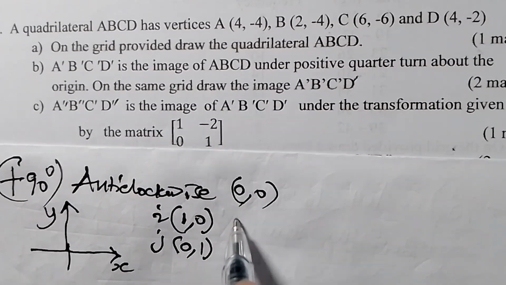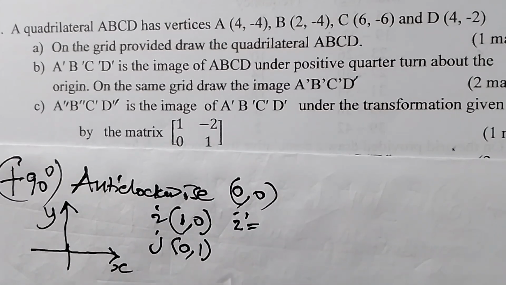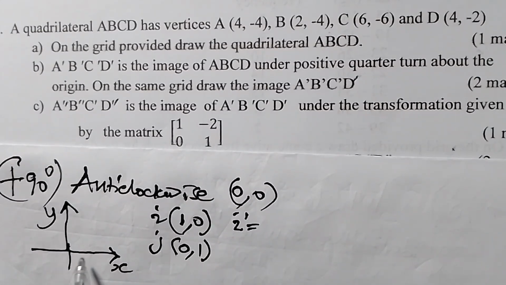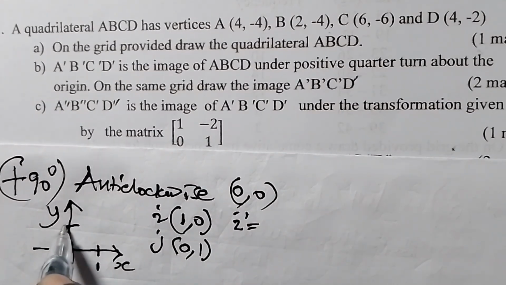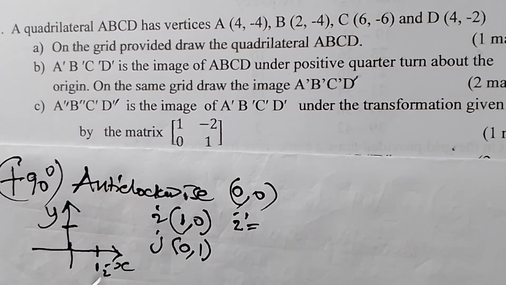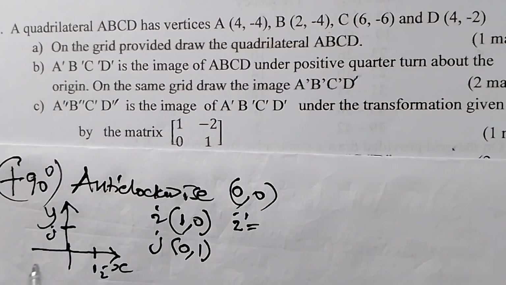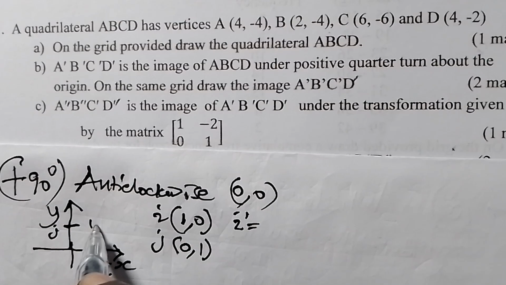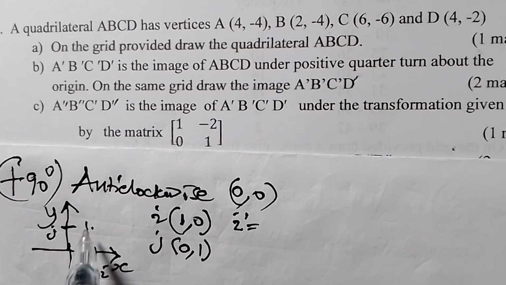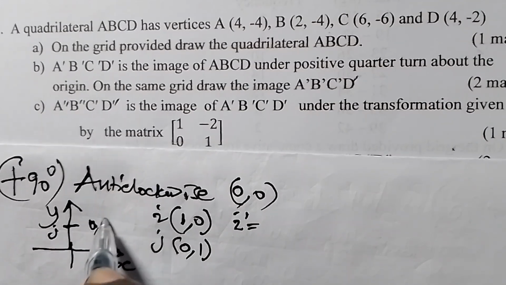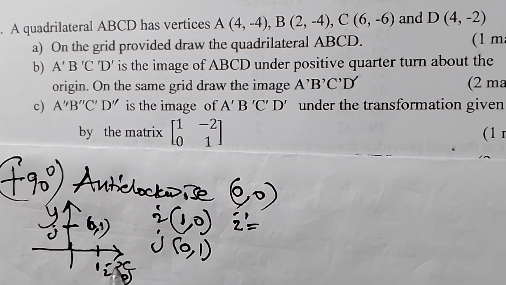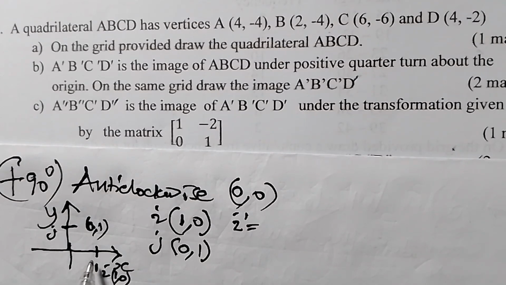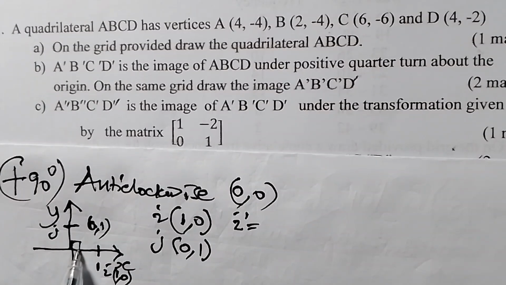To get the image point I1, we rotate I through 90 degrees anti-clockwise.